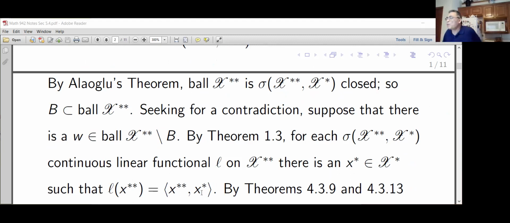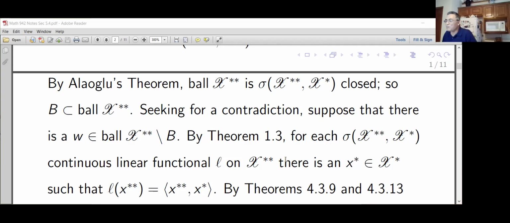Theorem 1-3 says that if we use this topology on X double star, then the set of continuous linear functionals is just X star.